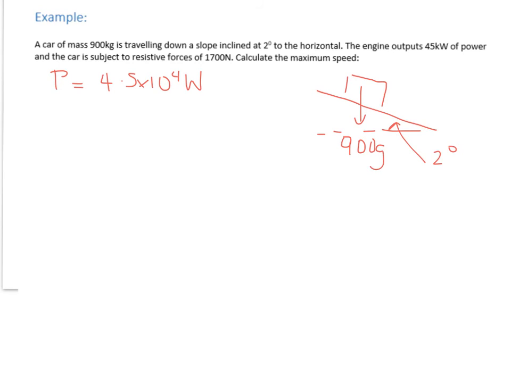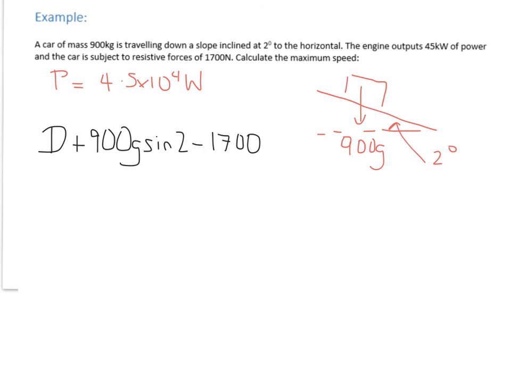Calculate the maximum speed. So let's let the driving force be equal to D, and let's have a look at how this is going to work. When it's at maximum speed, the acceleration is going to be 0, which means the resultant force is going to be 0. So the engine is driving with a force of D. It's also got the weight force acting down the slope with this amount, but it's got a resistive force of 1700.